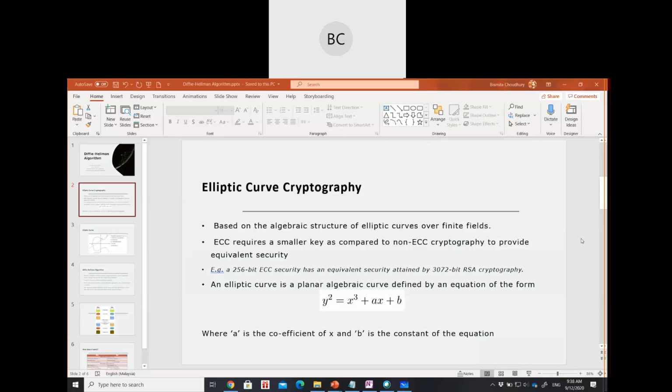Using this algorithm, even a 256 bit key can provide almost equivalent security to the RSA cryptographic algorithm with a 3072 bit key length.